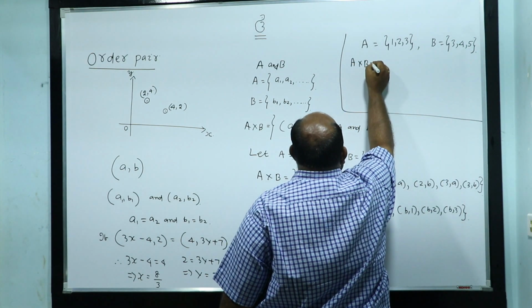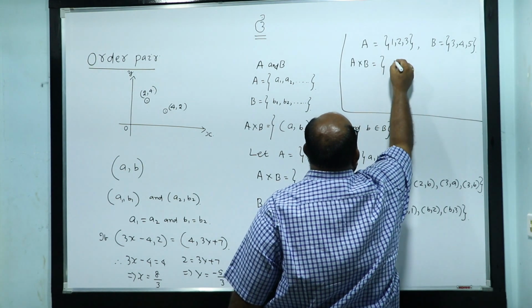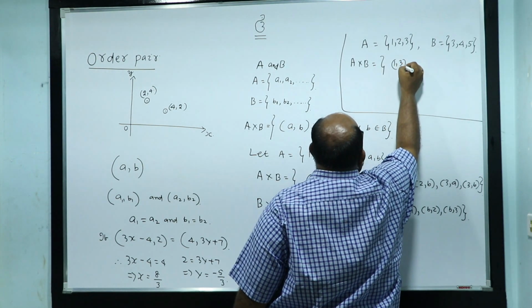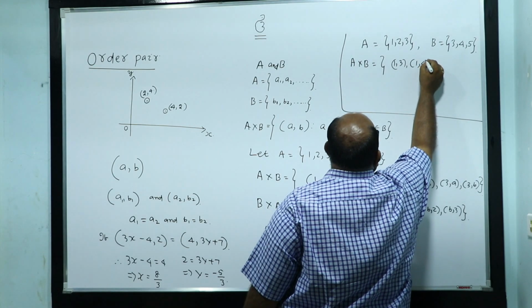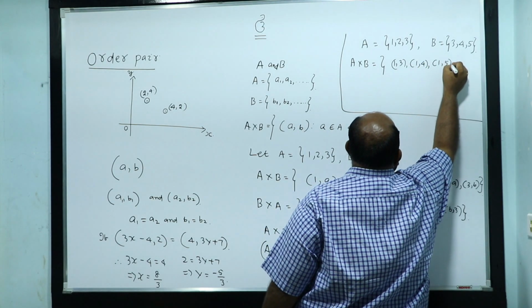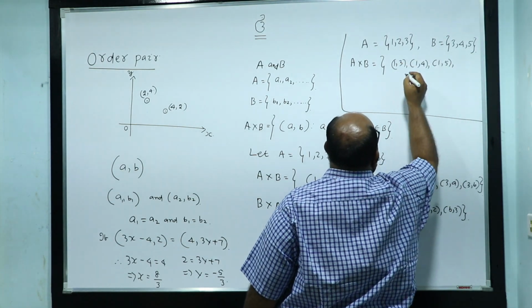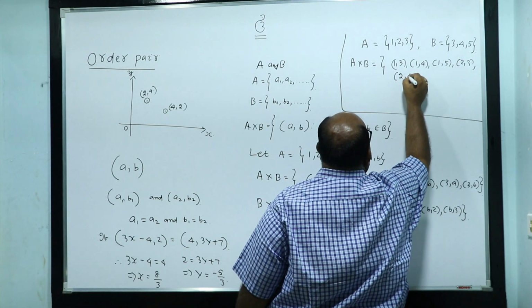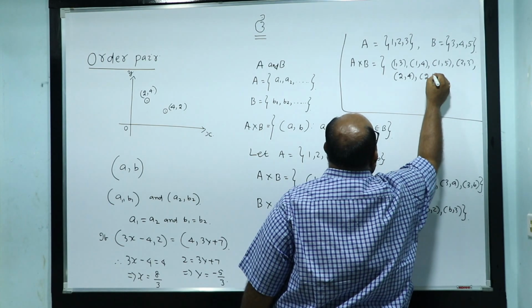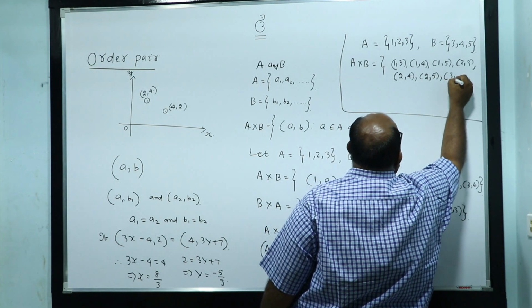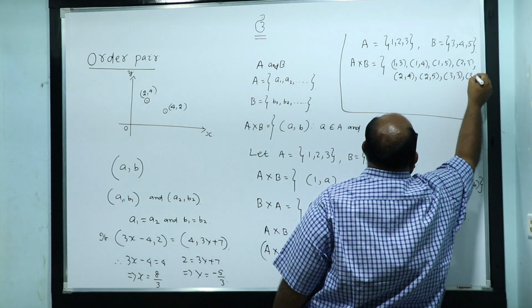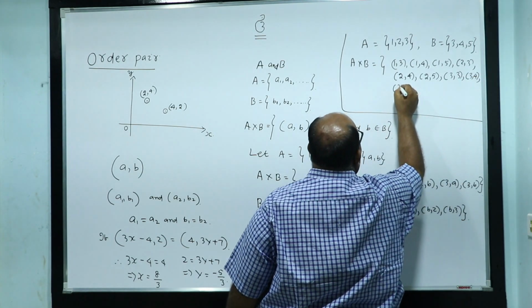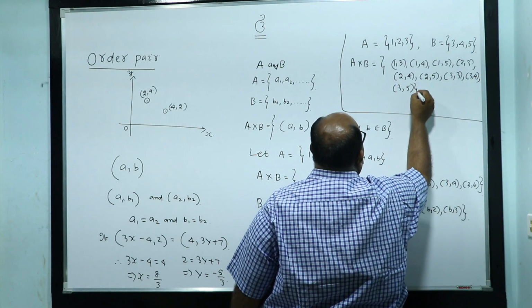So A into B is equal to how much? (1, 3), (1, 4), (1, 5). Similarly, (2, 3), (2, 4), (2, 5), (3, 3), (3, 4), (3, 5).